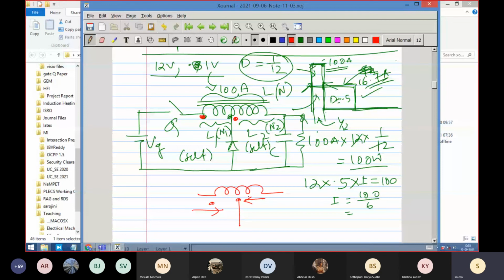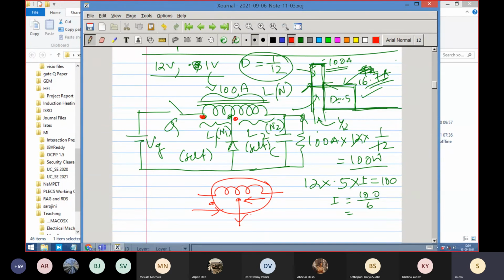That will produce flux in the reverse direction, and the total flux linked by this circuit will be the summation of these two currents.